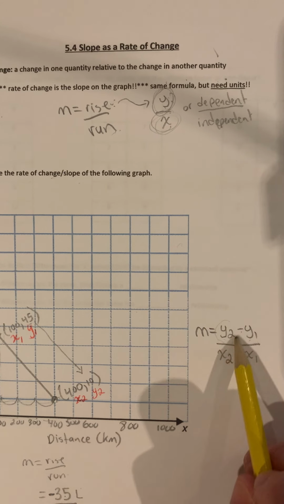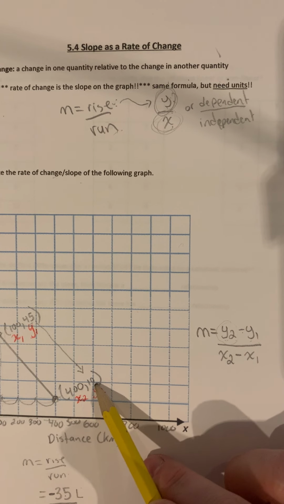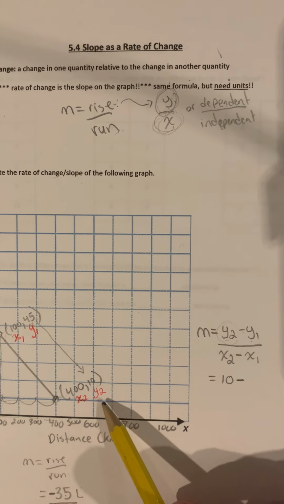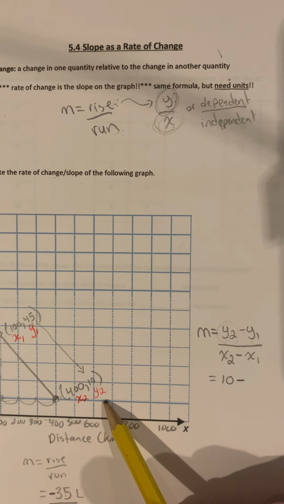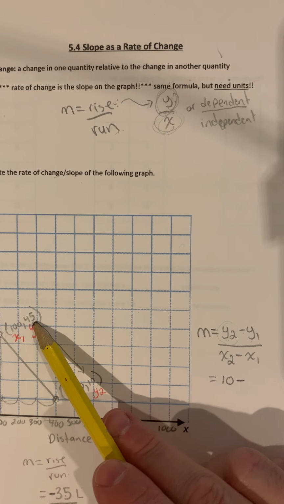Okay, so first is y2. Where's our y2? It's right over here, so it's 10. I'm going to do 10, subtract our first one, which is 45.